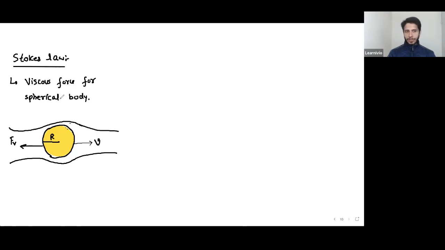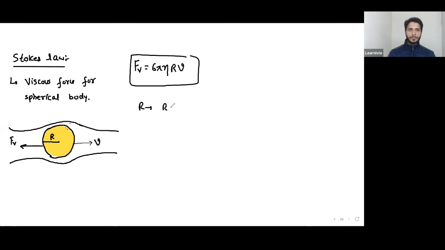So the Stokes law says that this viscous force is equal to 6 pi eta rv, where r is the radius of the body, v is the velocity of the body, and this eta is just the coefficient of viscosity.